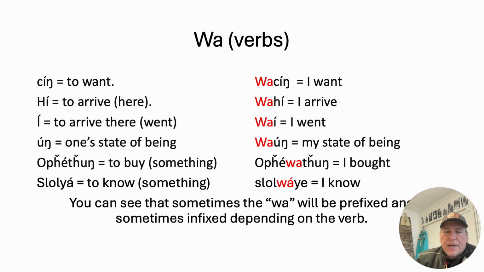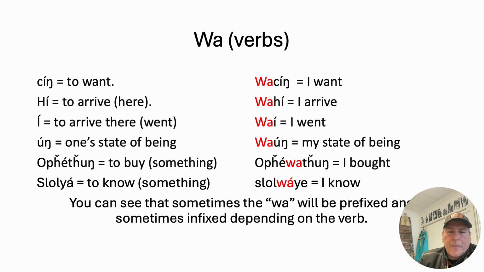Okay, so here's a change because, like I said, all verbs are going to conjugate different, whether they take wa or bl or ma to make it I do it or me. And so in this case, objeto, to buy something, you can see this is a wa verb. It's going to take wa to make it I do it, but it's not prefixed, it's infixed. So it becomes opchevatron.